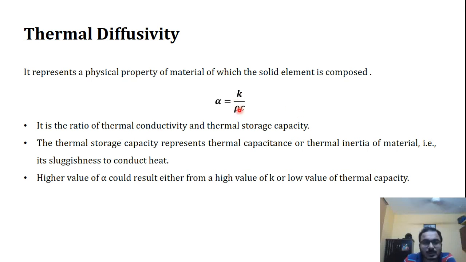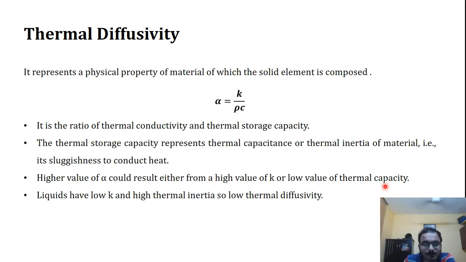So both are of opposite character. So the higher value of alpha can result from higher value of K or lower value of storage capacity, that is thermal capacity. Now liquids have low value of thermal conductivity K and high thermal inertia.